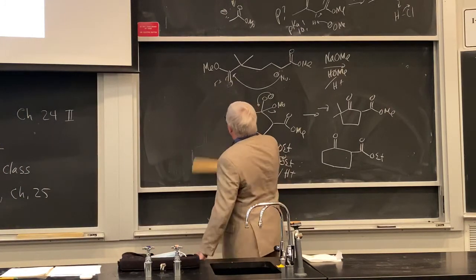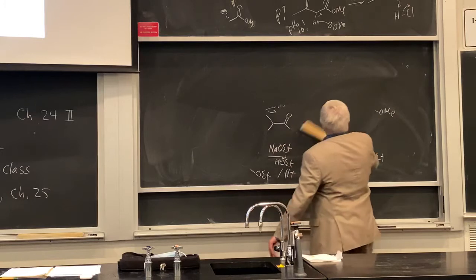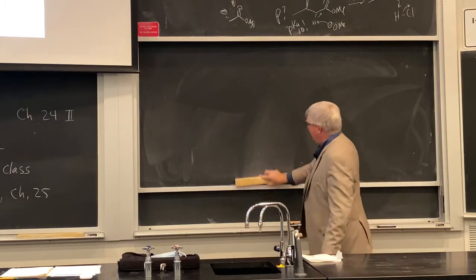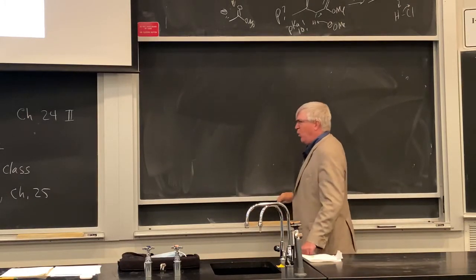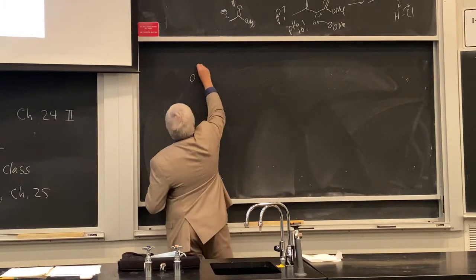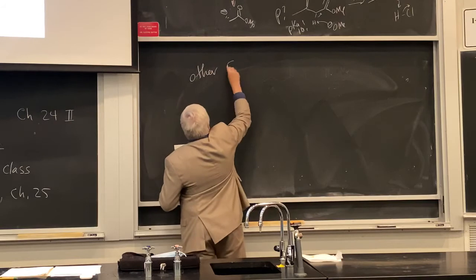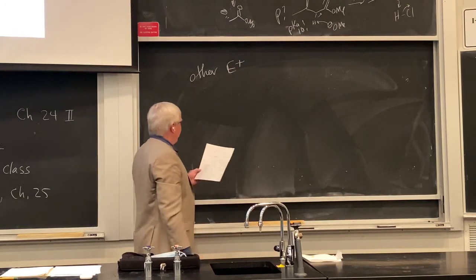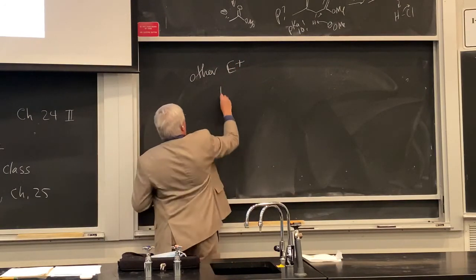So far we've just been looking at the esters themselves as the electrophiles. You can also condense esters with carbonates and formates. So let's look at some other electrophile components here. So how about if we have something like this?